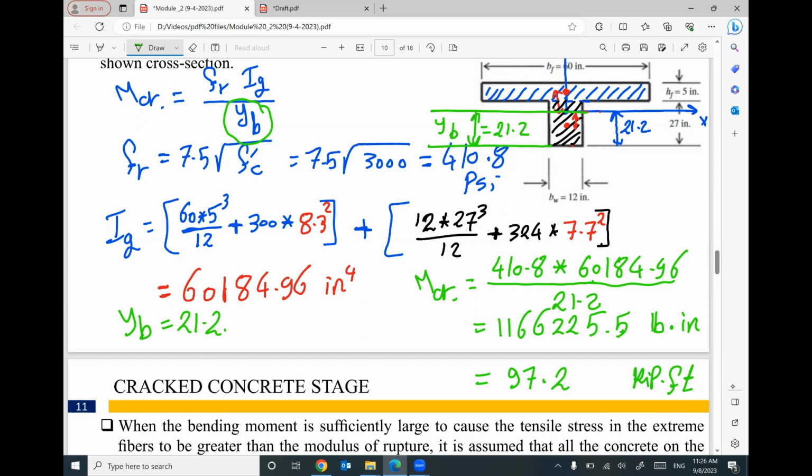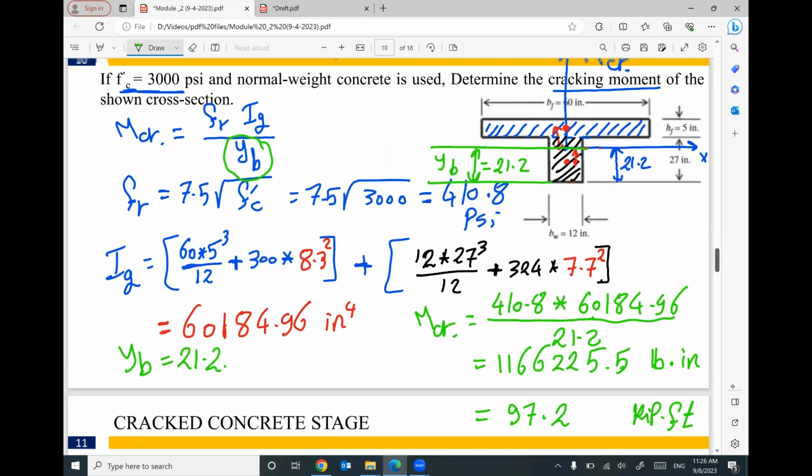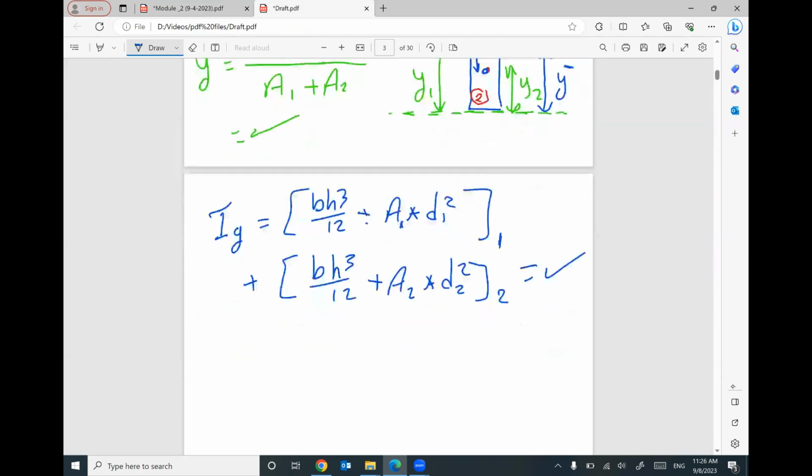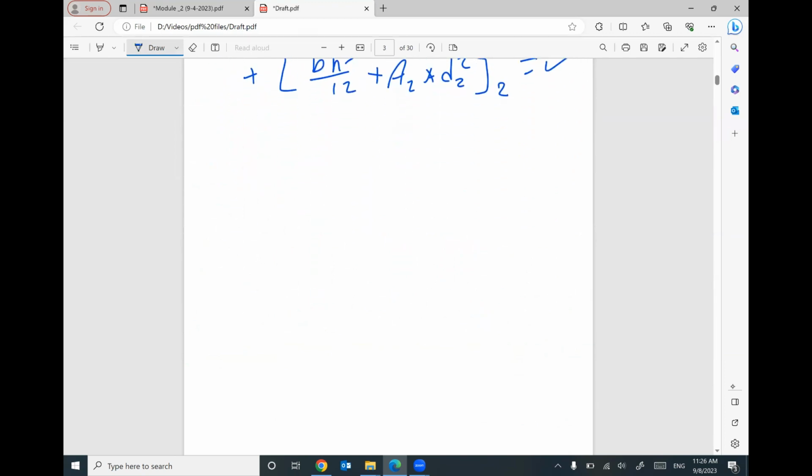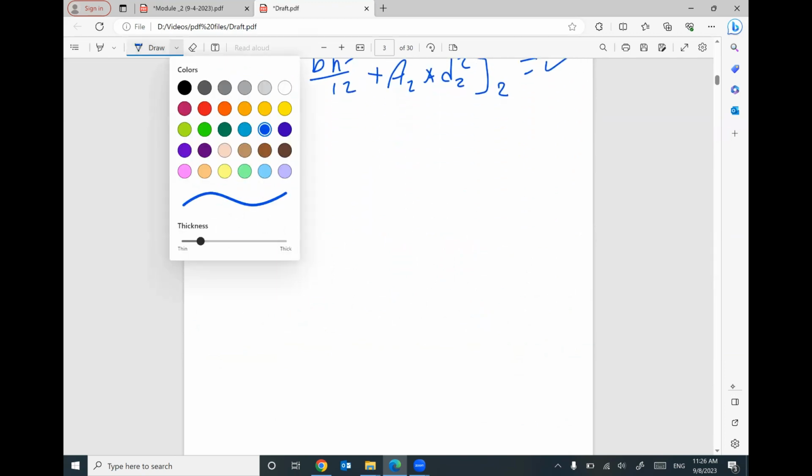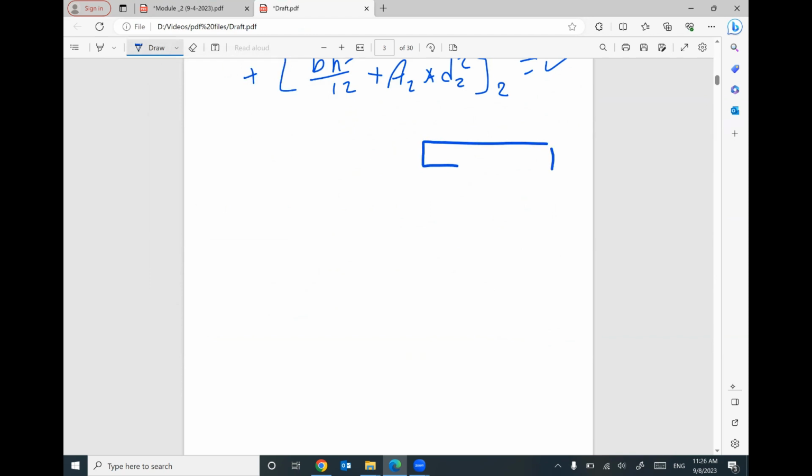I have another question which is not included in this problem, but it will be included in one of your coming exams. We have this cross section, and I found the value of M crack equal to 97.2 kip foot.